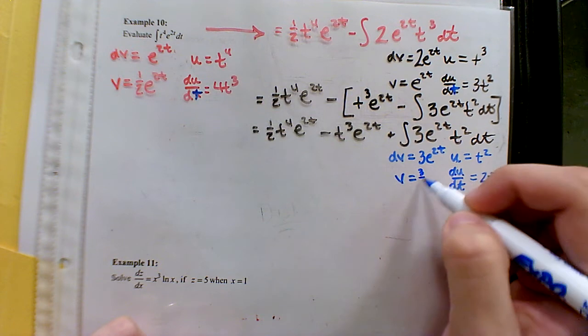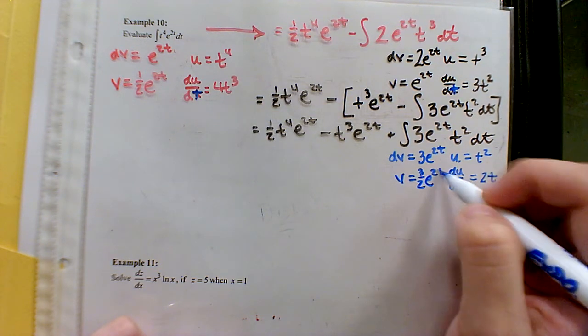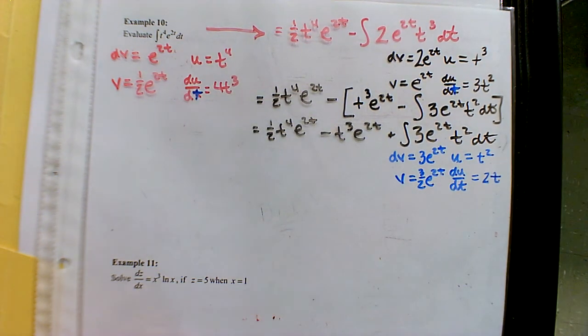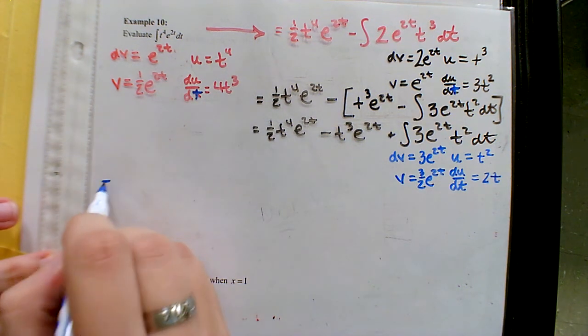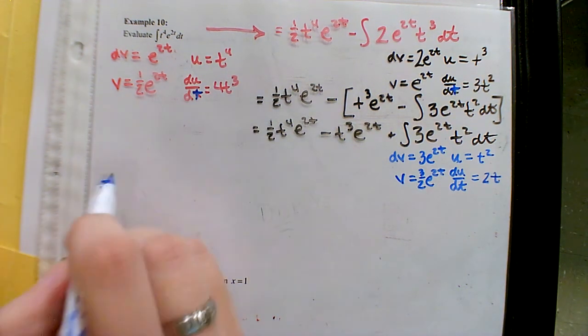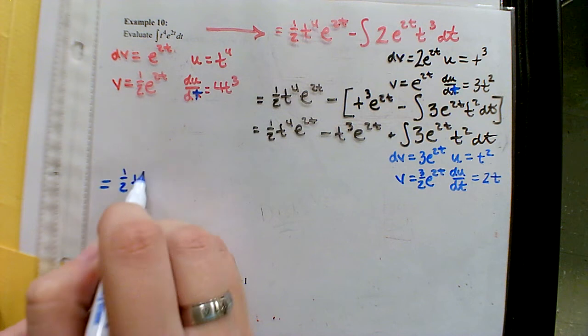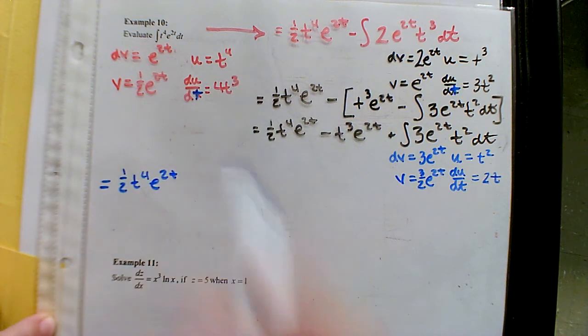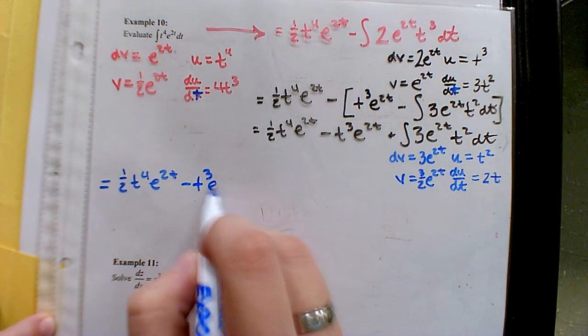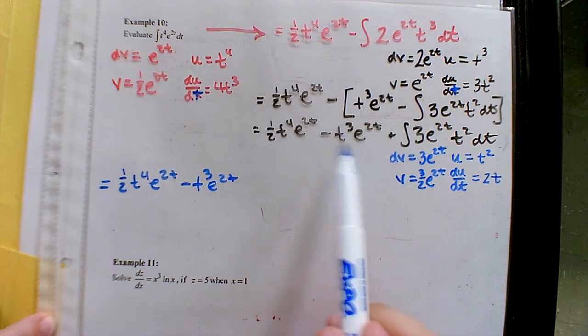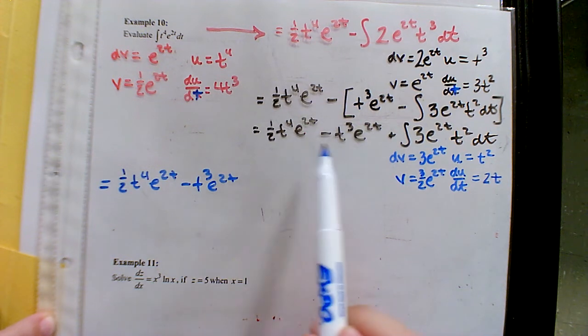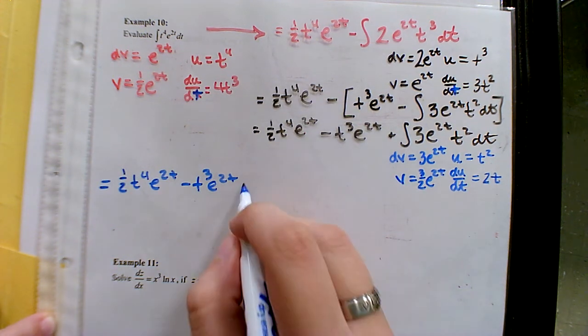See, this would be 3/2 e to the 2t. All right, I'm going to start moving over here. So we have 1/2 t to the 4th e to the 2t minus t cubed e to the 2t. That's just the original stuff we had over here.